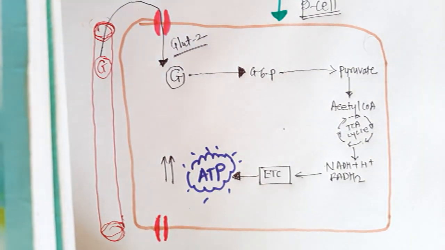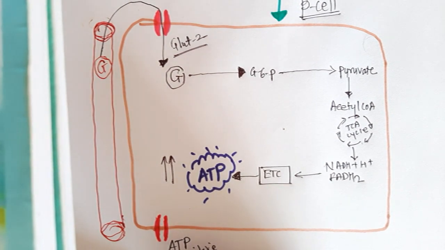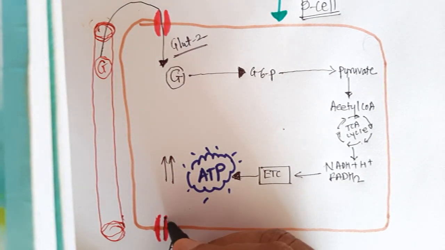These are called ATP sensitive potassium channels. Normally these channels are permeable to potassium ions.